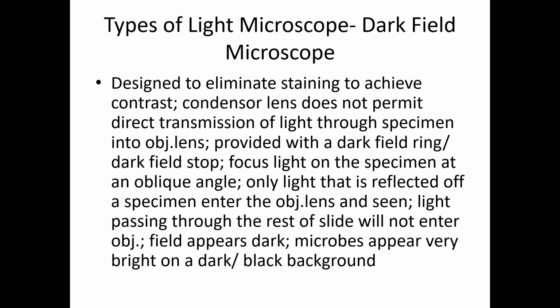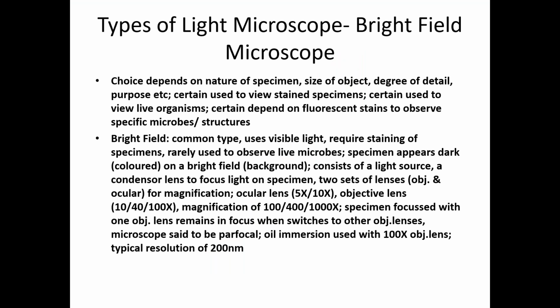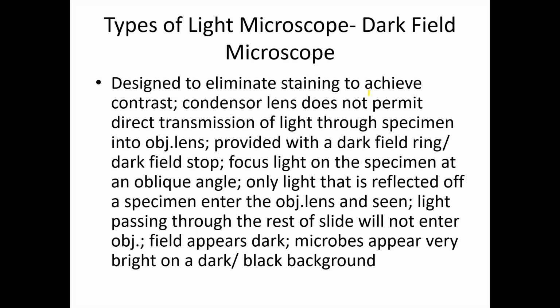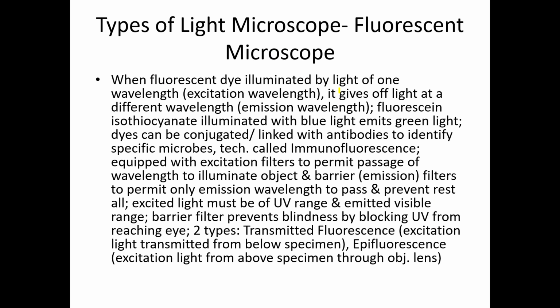While we were explaining the bright field microscope, we told you this is mainly used for stained specimens, whereas the dark field microscope is used to view unstained specimens, eliminating staining. And in the fluorescent microscope, we have fluorescent dyes; if we illuminate the specimen with blue light, it will emit green light, and it can even be conjugated with antibodies. All those things we have discussed.